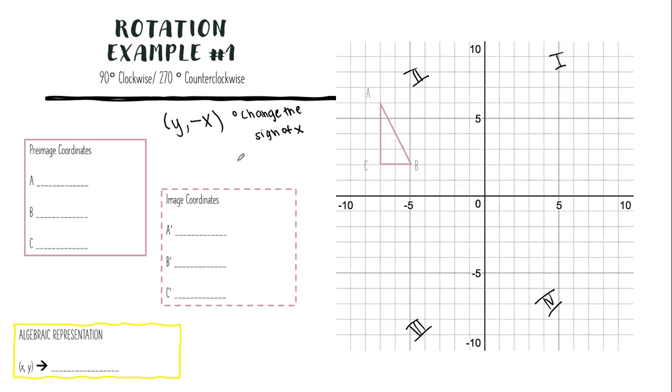So the negative x, remember that does not mean x is negative. What that means is the sign changes. So change the sign of x, then flip x and y. So this is what we're gonna do. We're gonna change the sign of x, then flip x and y. All right, so let's write down our ordered pairs. Where is A?